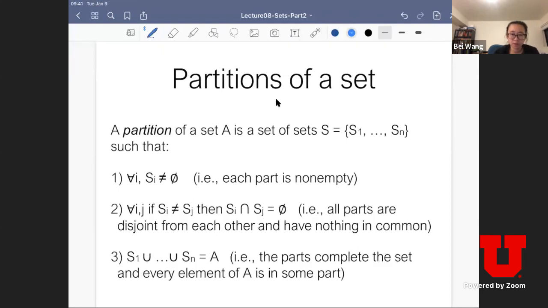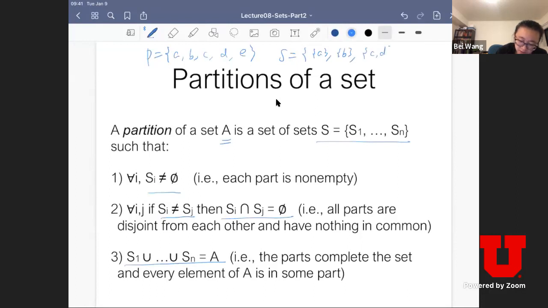what a partition is. If I have a set A, a partition is a set of sets such that each of the sets is non-empty, the sets are pairwise disjoint, and the union is equal to the original set. For example, if I have a set P, which is {a, b, c, d, e}, then S, which is {a}, {b}, {c}, {d}, {e}, forms a partition.